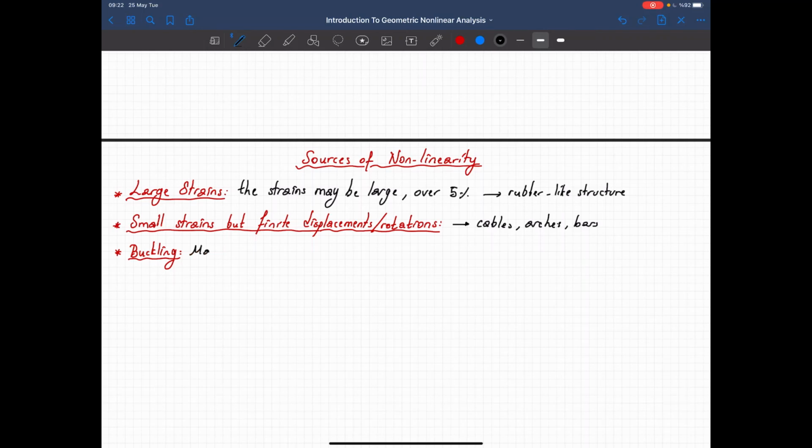So we say that this may occur even if the strains and displacements are infinitesimal, due to initial stresses.